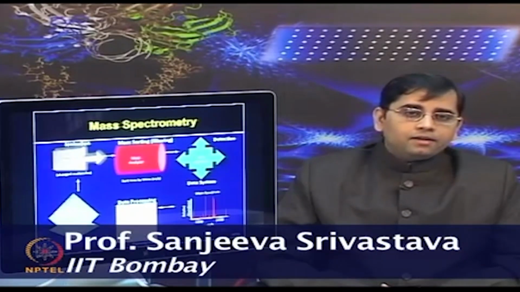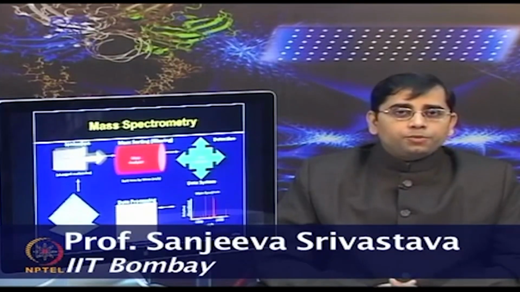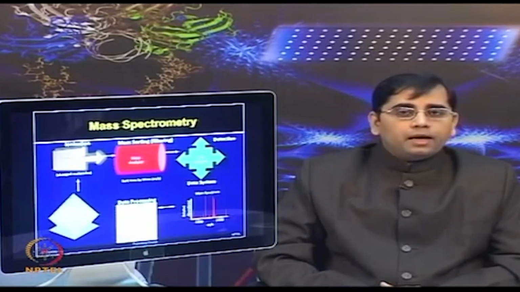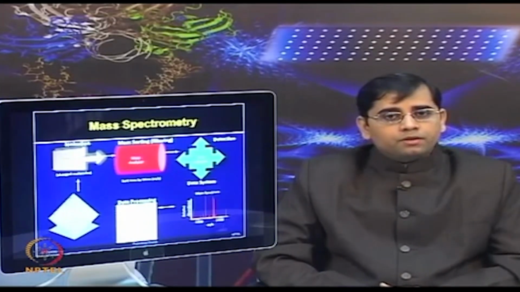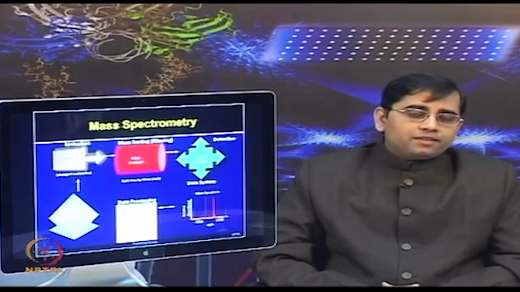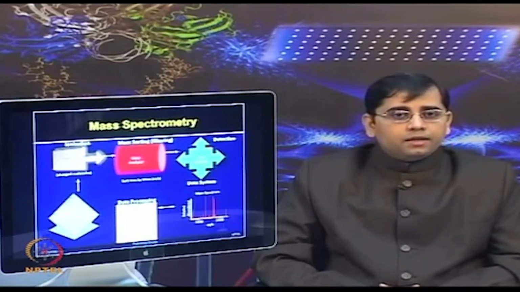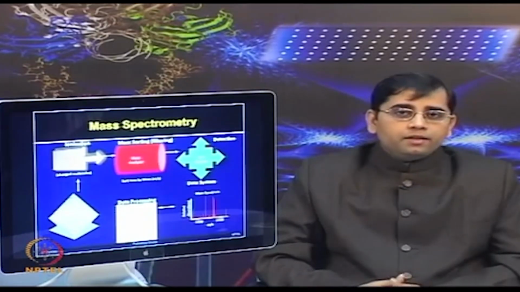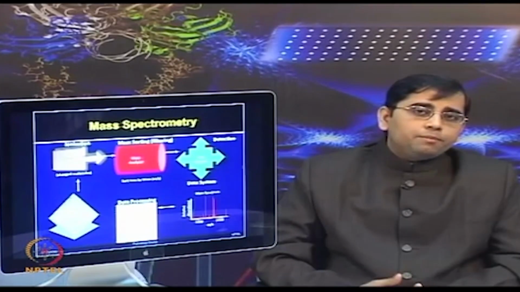The mass analyzer, another important component, resolves ions which are produced by the ionization source on the basis of m/z ratio. Various characteristics such as resolving power, accuracy, mass range and speed determine the efficiency of these mass analyzers.